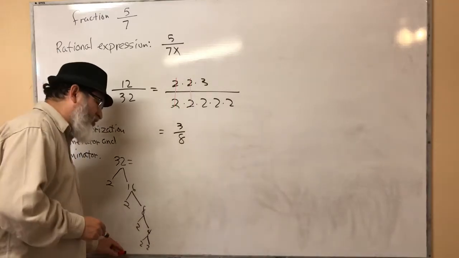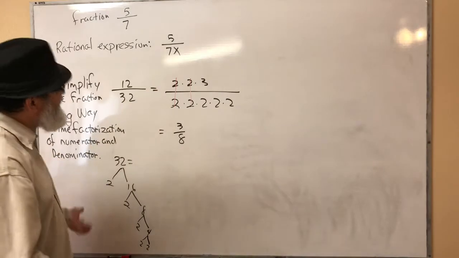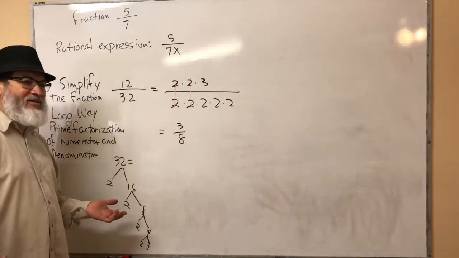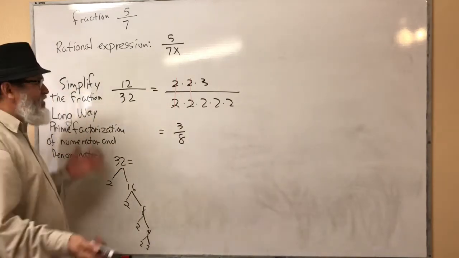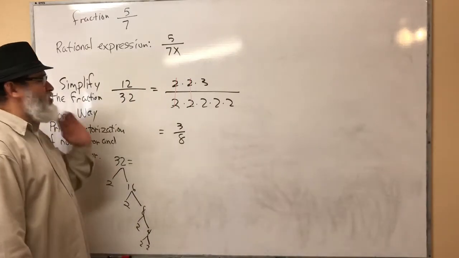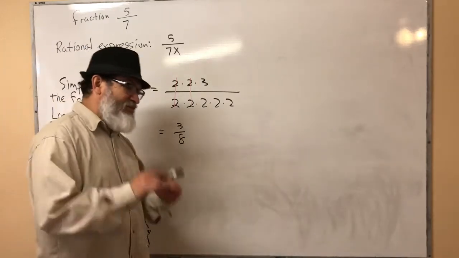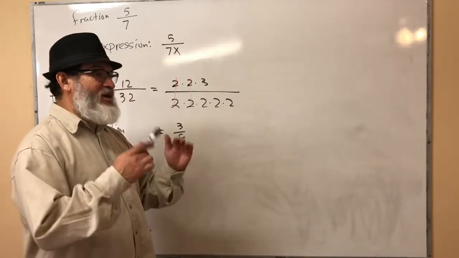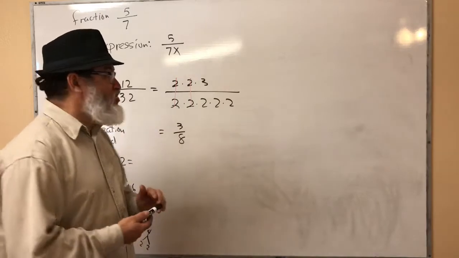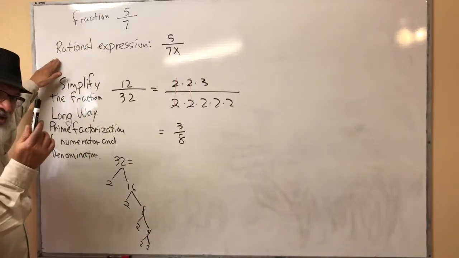You're asking yourself by now, why are we doing this the long way? We don't have to, right? I know that 4 goes into 12, and I know that 4 goes into 32. You're right. The problem is that I'm trying to learn something so that I can apply it to rational expressions. And we did.